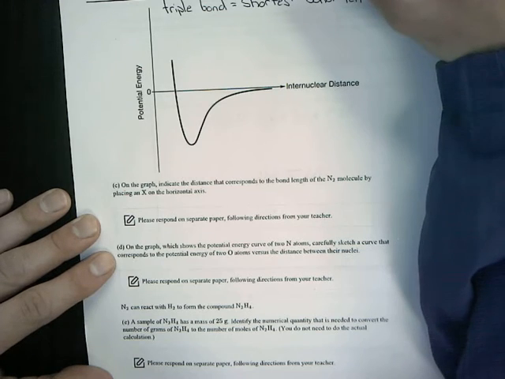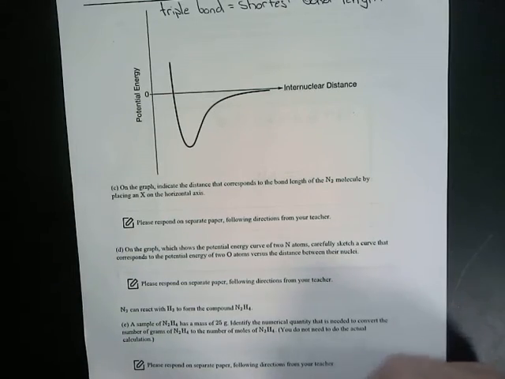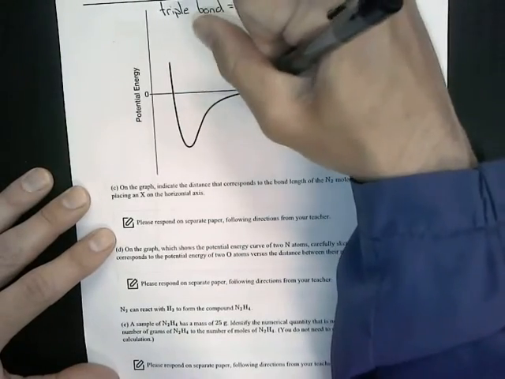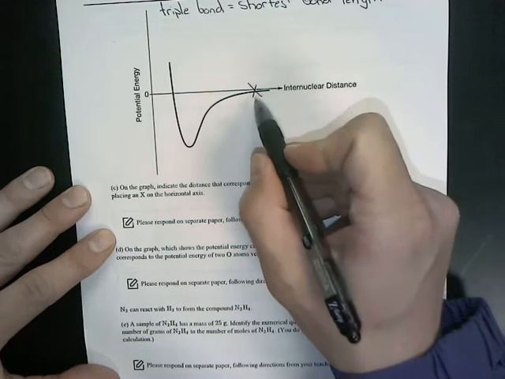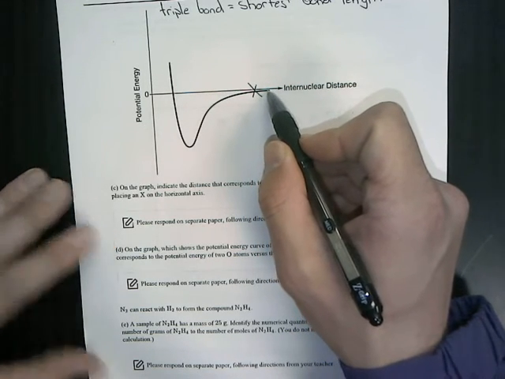So on this here, our X is going to be right here, where really, and I could have moved this over, probably best to be down here closer to the right.